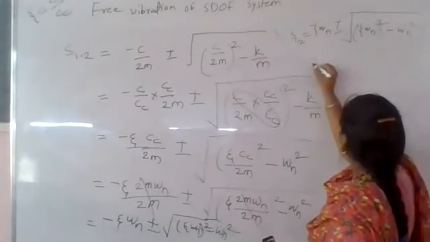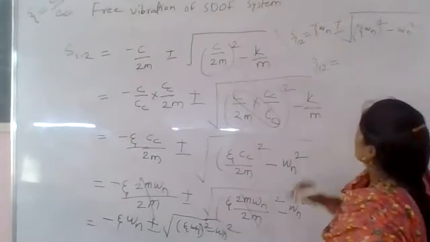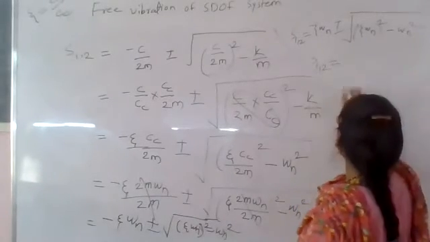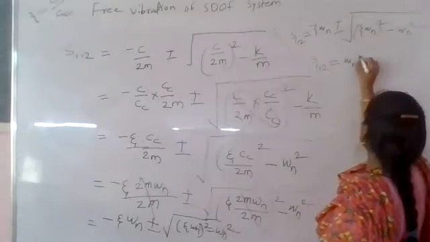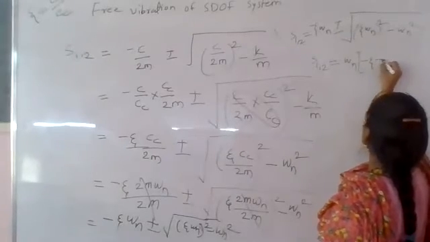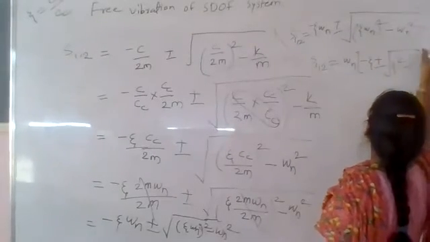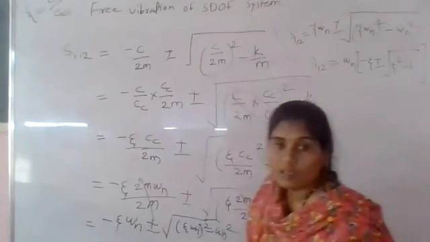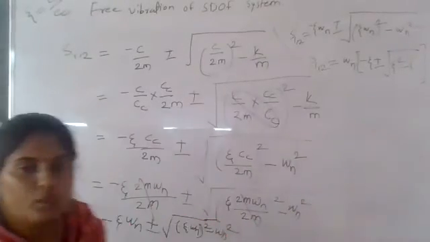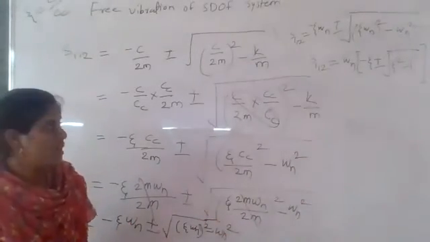And from this we get, directly, omega n is the common term outside: omega n into bracket minus zeta plus or minus root of zeta square minus 1. That is the value of S12 in terms of zeta.